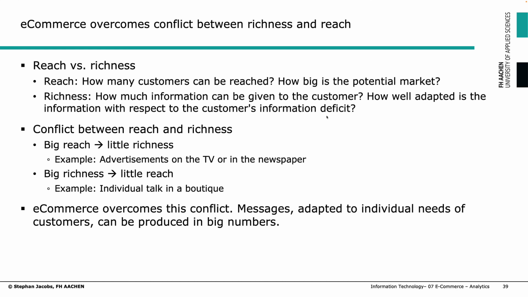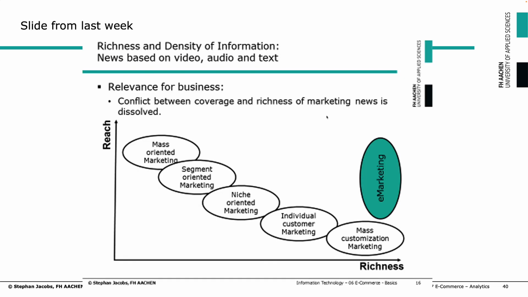Let's discuss for a brief moment how marketing is influenced by tracking. We already have seen that there is a conflict in marketing between richness and reach. Have a look at the picture from last week. You have either a big reach, so you meet many people, but only with non-rich information.